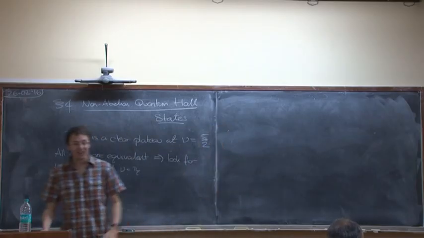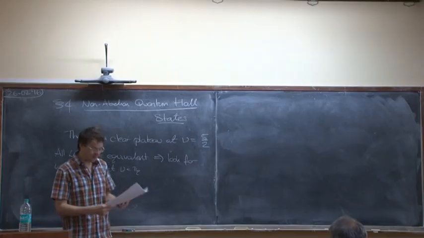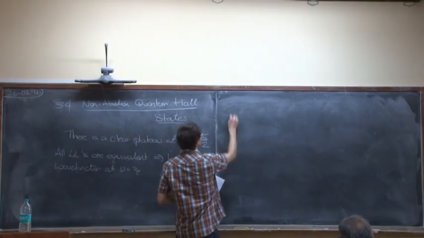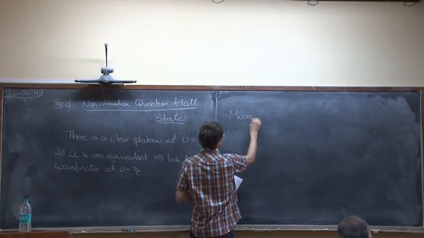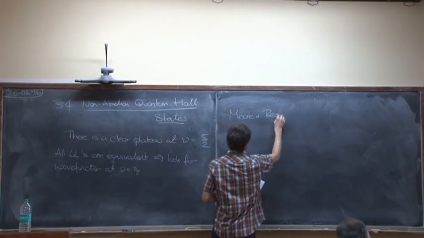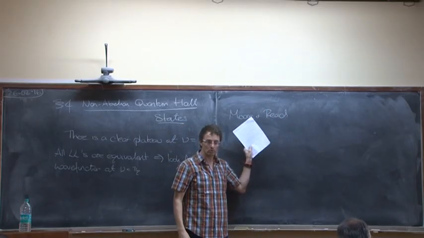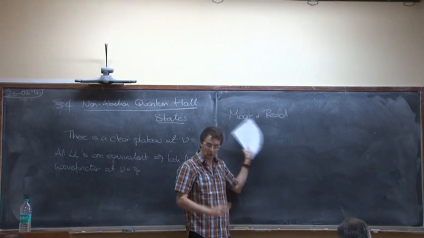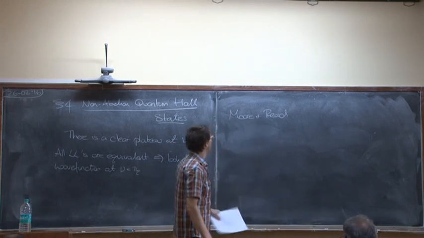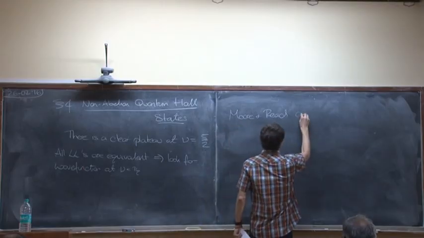So that's of course how this wave function was arrived at. It's due to Moore and Read, in what's surely one of the most important papers in all of quantum Hall physics, for various reasons. They do a lot in this paper. And roughly speaking, they guessed the wave function.